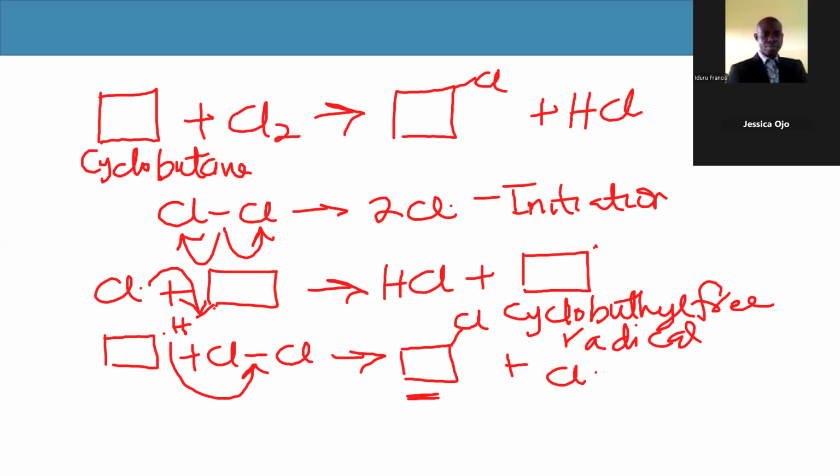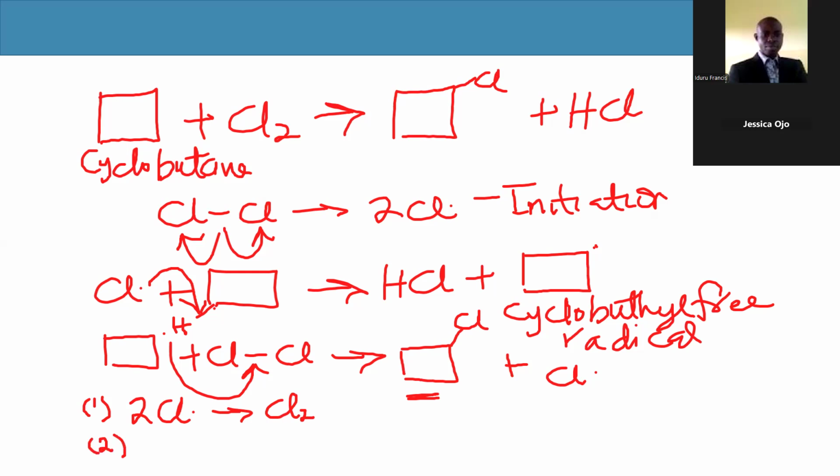And then we have gotten the first initiation step and the two propagation steps, and we are going to the termination steps. Give all the termination steps. The first one will be what? Cl dot plus Cl dot to give you Cl2.